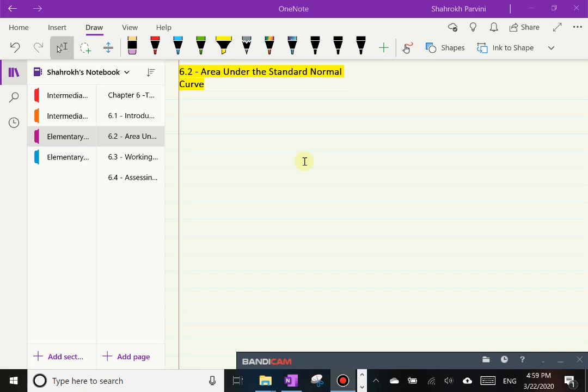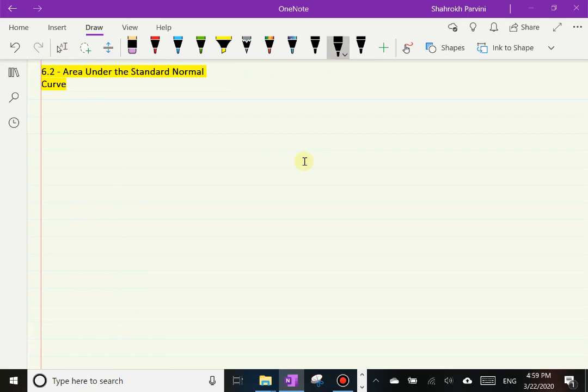So in our example, here's what I want to do. Let me move this to the side, and we're going to use this pen. Let's say I want to find the probability of a z less than or equal to 1.35. I just made up a statement here. I want to know the probability of a z less than or equal to that.